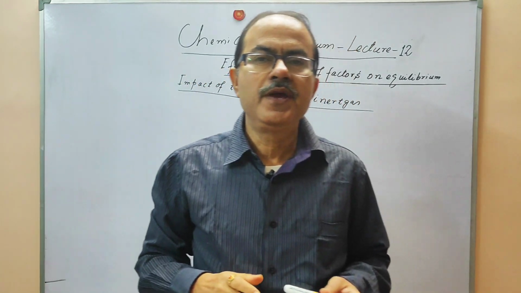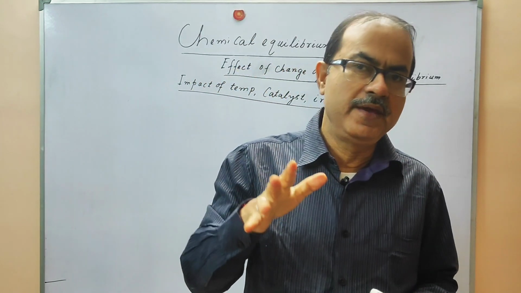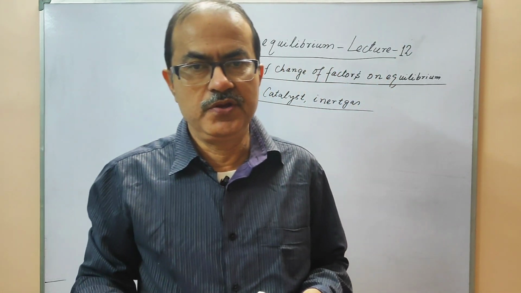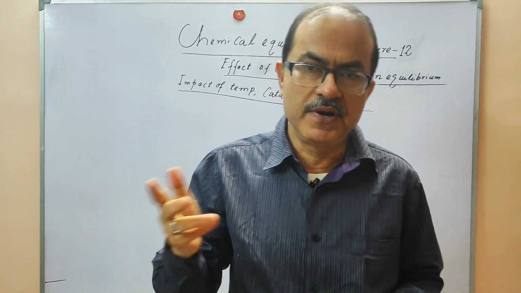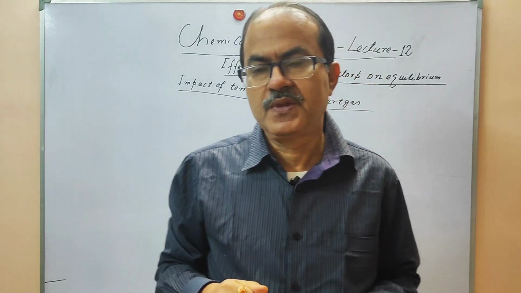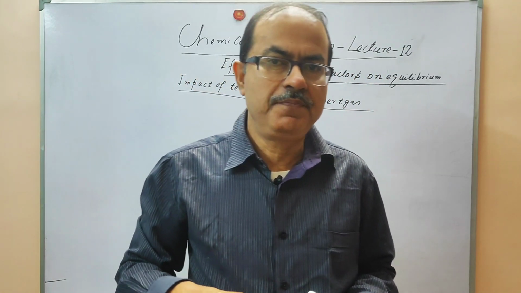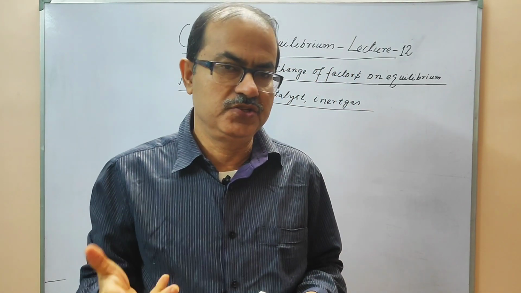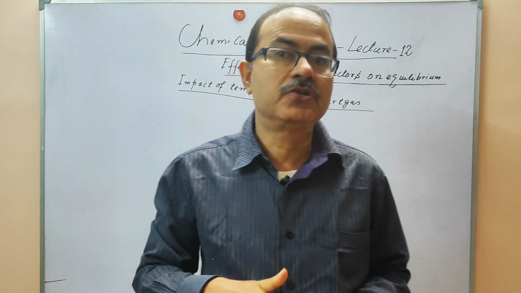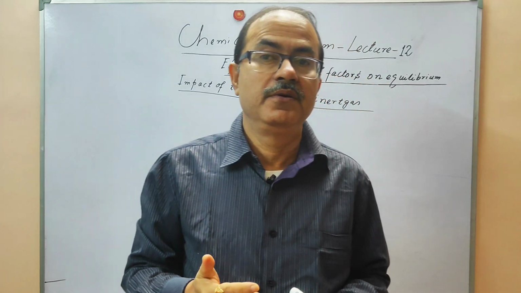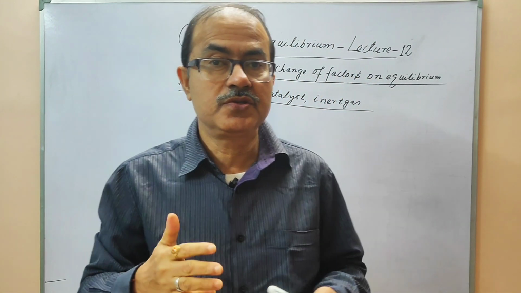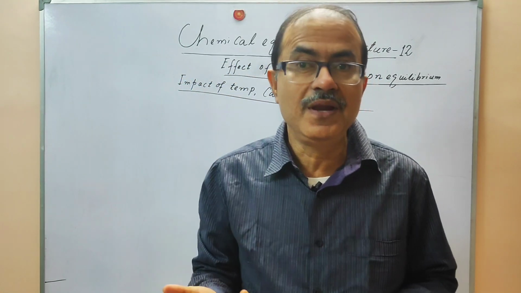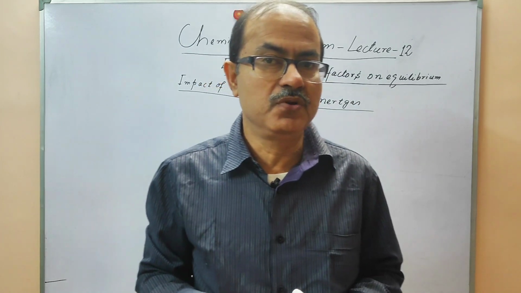When the equilibrium is disturbed by any factor that governs the equilibrium, the equilibrium mixture will change because the reaction quotient is changed. The reaction quotient always tries to equal itself to the equilibrium constant.